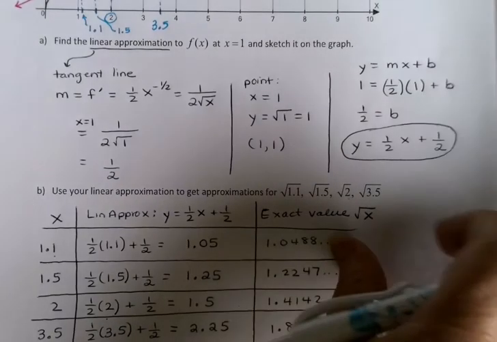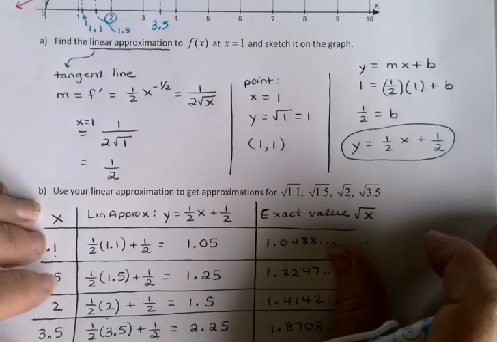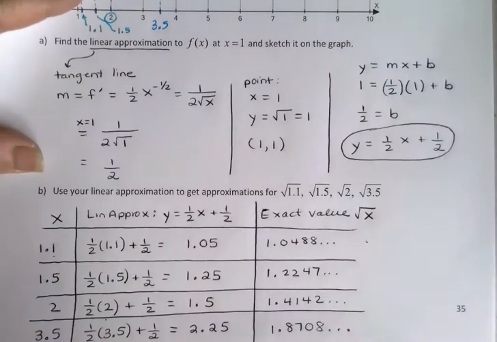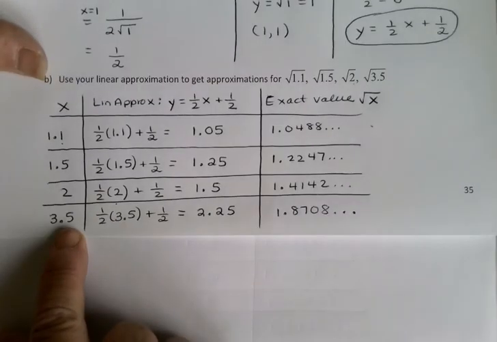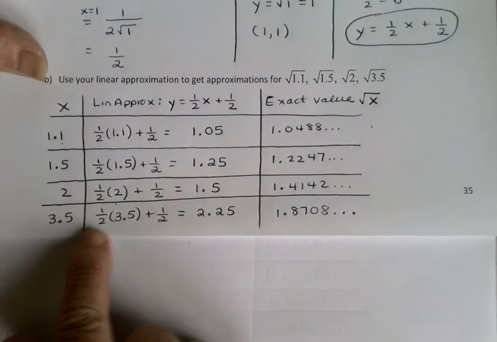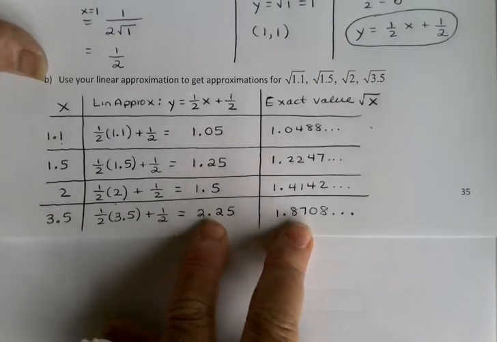All right, let's try another question. We're going to stick with this function, the square root of x, and I actually want to look more at this last result. We saw that our linear approximation did not do a good job of estimating the true square root of 3.5. Could I use a linear approximation to approximate the square root of 3.5?